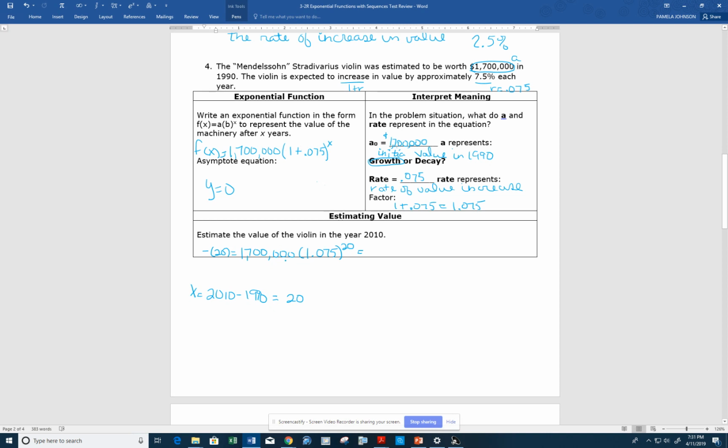And when we put this in our calculator, we find out that the Mendelssohn Stradivarius violin was worth $7,221,346.87. Okay, it's kind of an expensive violin.